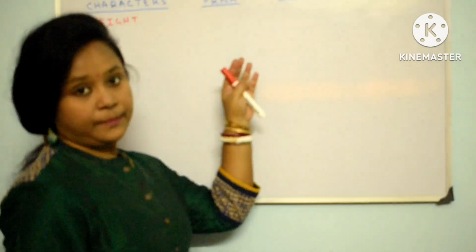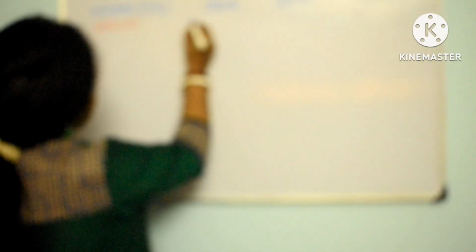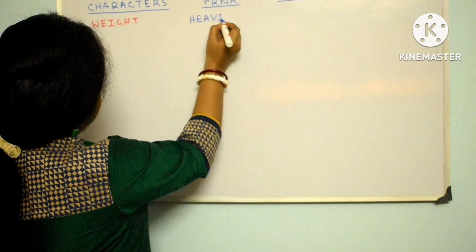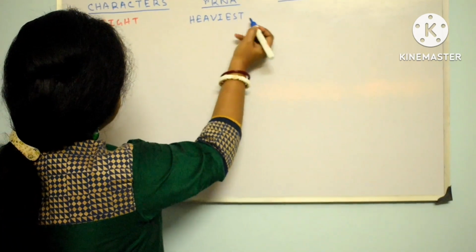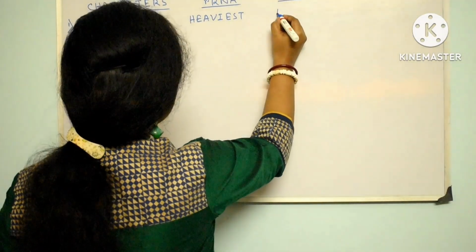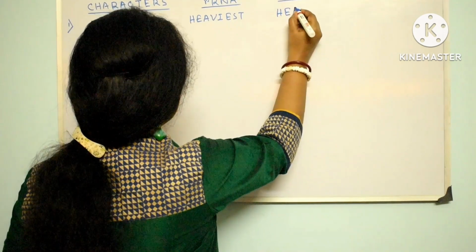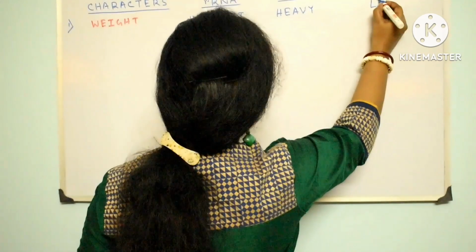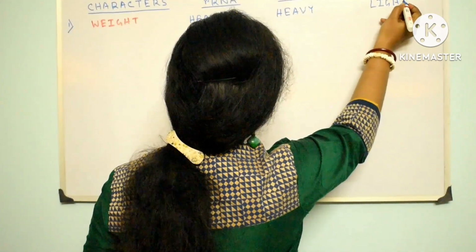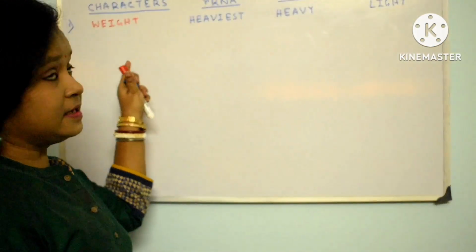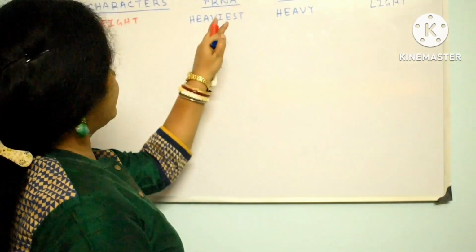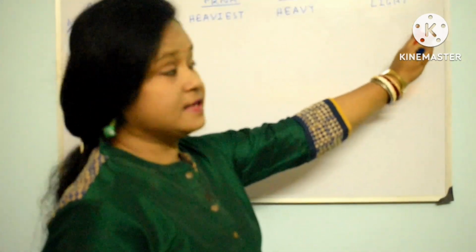When we compare the weight of these three types of RNA, rRNA is heaviest, mRNA is heavy, and tRNA is light in weight. So the first character suggests that among these three types of RNA, rRNA is heaviest and tRNA is lightest.